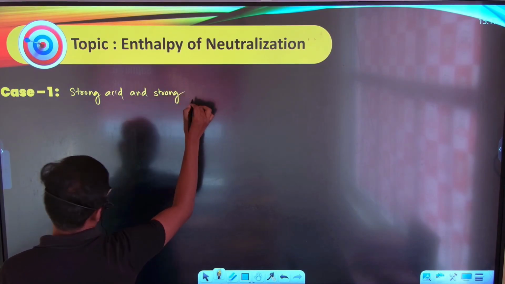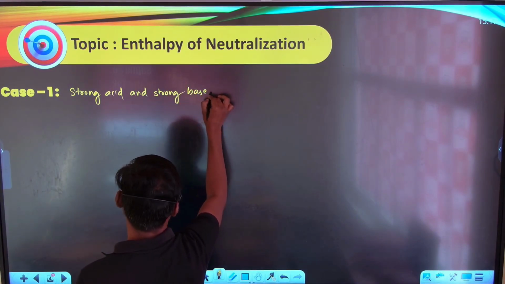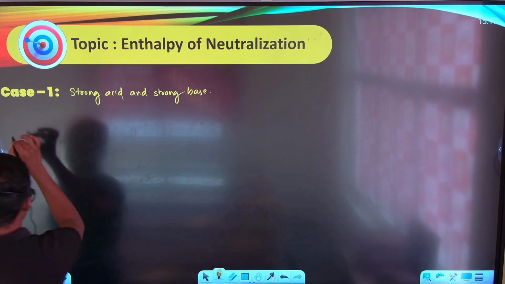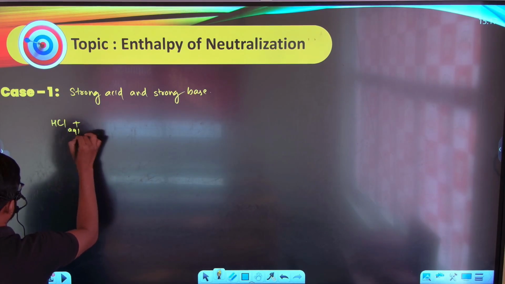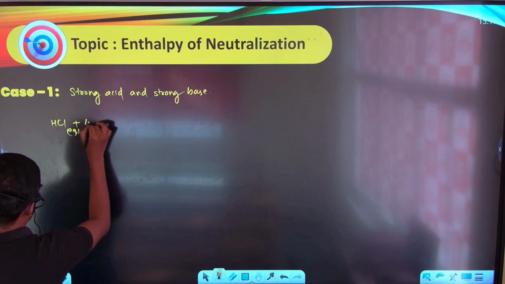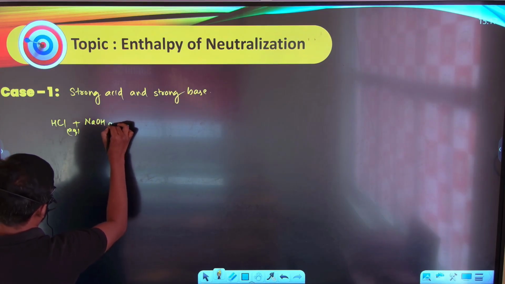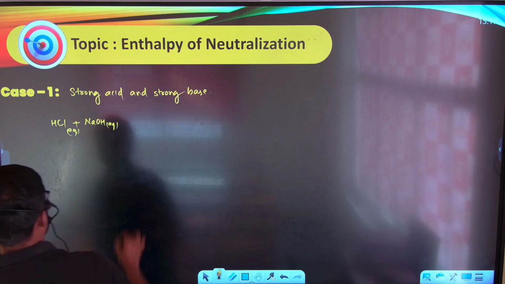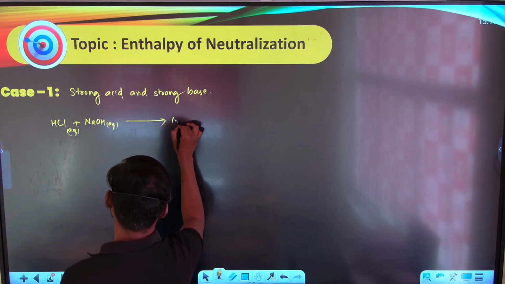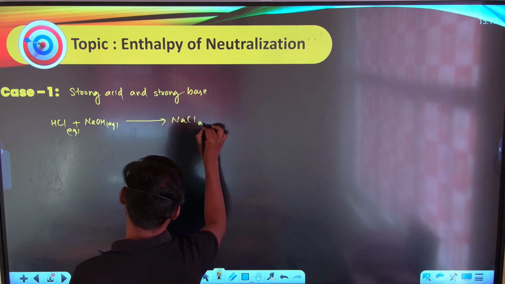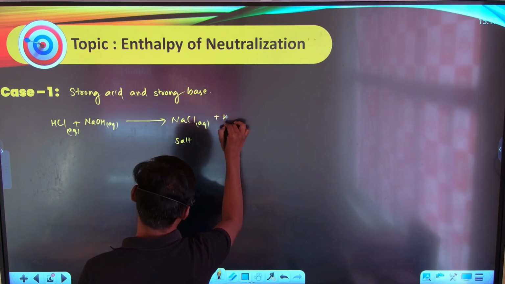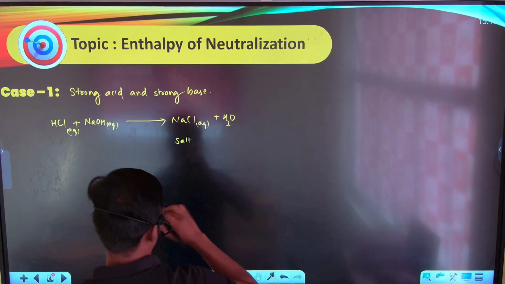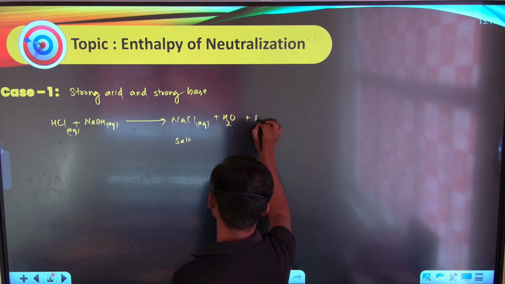Consider an example: strong acid HCl in aqueous medium plus strong base sodium hydroxide in aqueous medium. They form sodium chloride NaCl, aqueous, a salt, along with water and some heat.